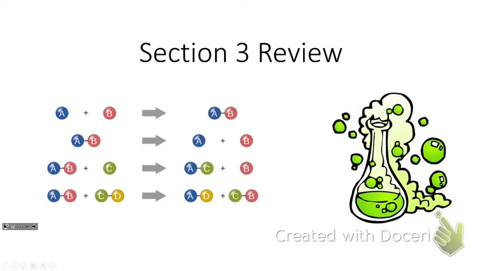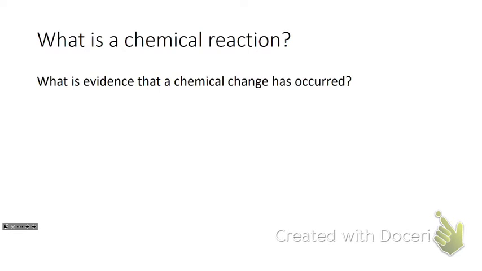Make sure you are able to know what a chemical reaction is, the types of chemical reactions (we have a few), what some pieces of evidence are that a chemical change has occurred, and how to calculate the masses of substances. Right off the top, what is a chemical reaction?